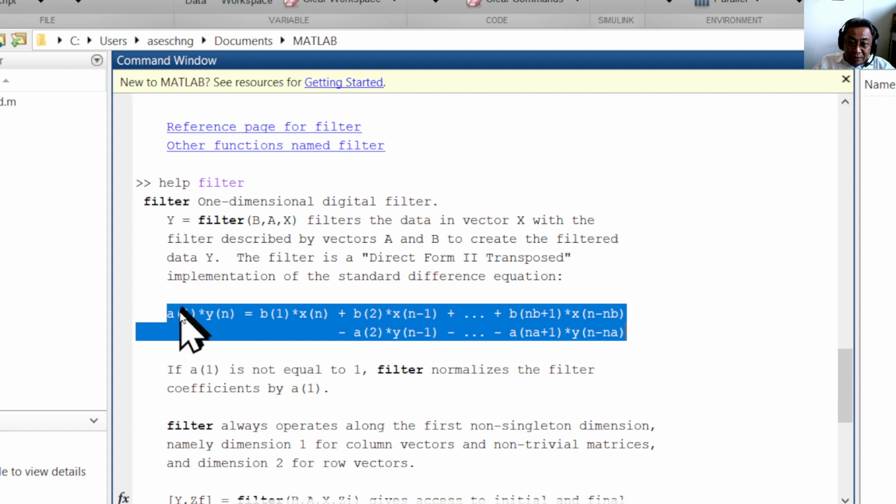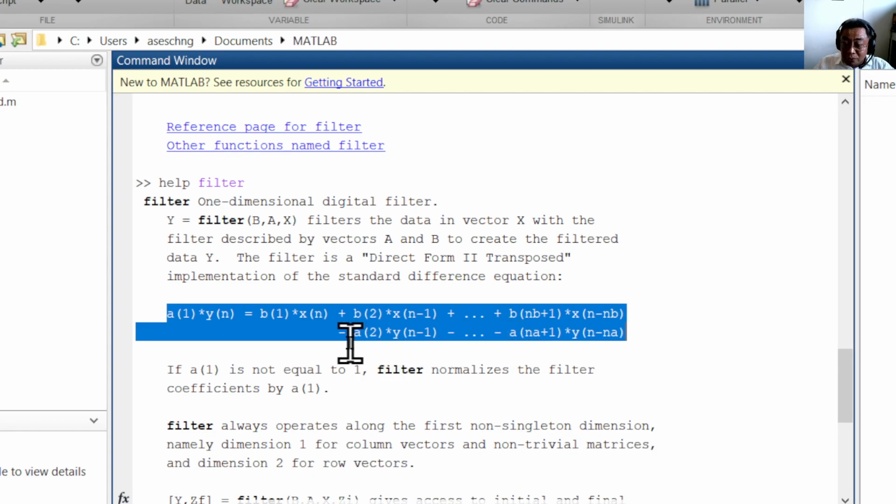So what we have is this difference equation here: a(1) y(n) is equal to b(1) x(n) + b(2) x(n-1) + and so on until b(nb+1) times x(n-nb). So this expression here is the output with respect to the input and the past inputs, until whichever past inputs you want to use.